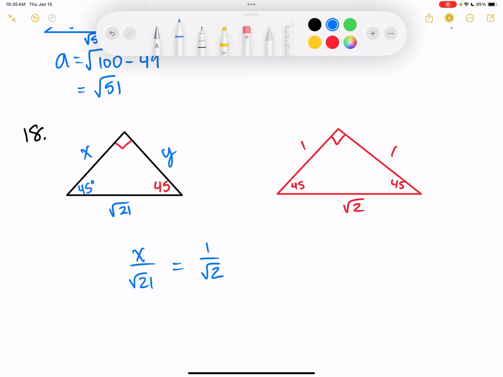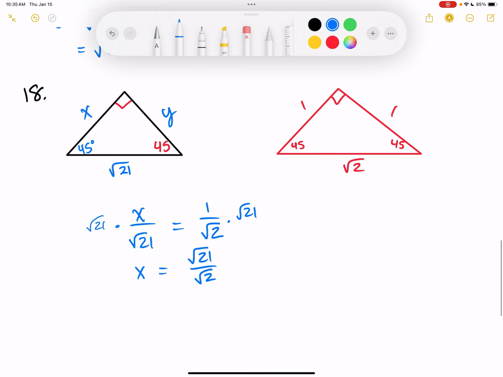This is great. I can multiply by the square root of 21 on both sides so that I end up with x being equal to the square root of 21 over the square root of 2. Now, I can't leave it that way because I can't have a radical on the bottom. Multiply it by root 2, right? Yep, so I'm multiplying by root 2 over 2.